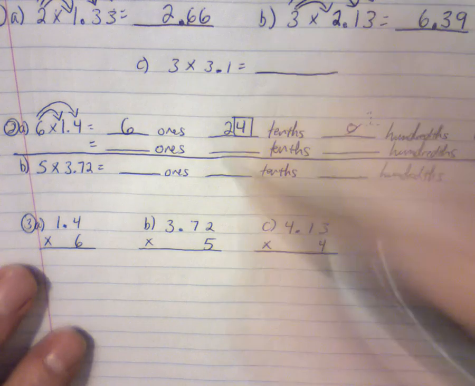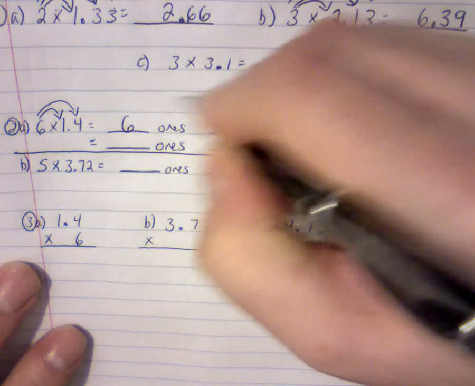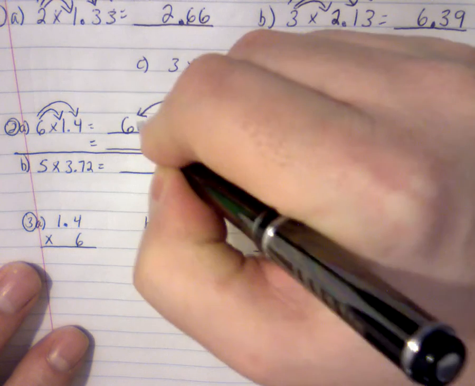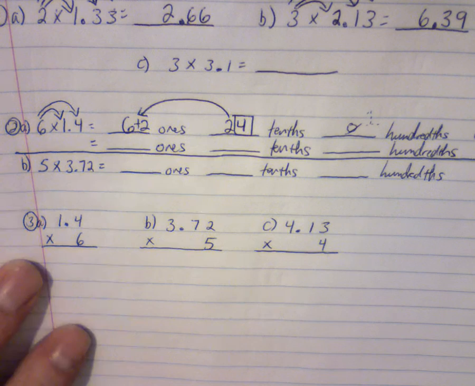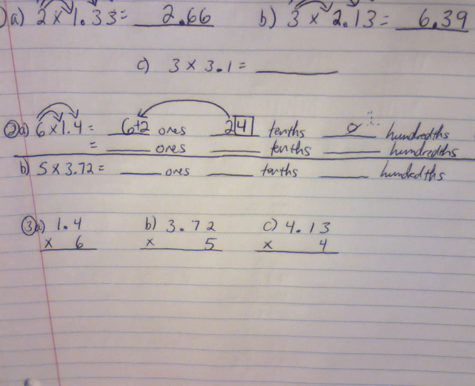So when I regroup, I take the 2, it comes over here to the 1s, okay, because I'm regrouping, right? It's just like when you do any kind of normal addition or multiplication. Whenever you have too many numbers in one spot, or if you have a tens number, you have to carry it.